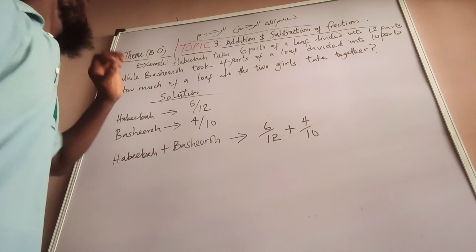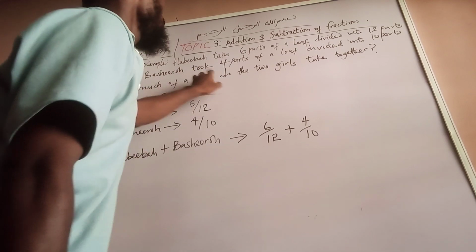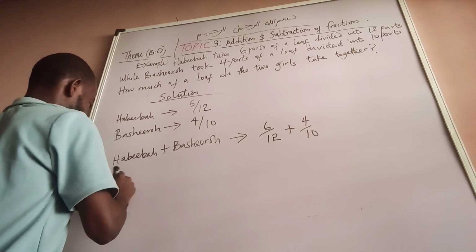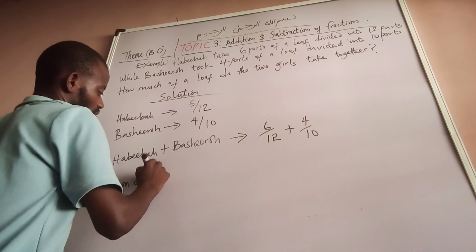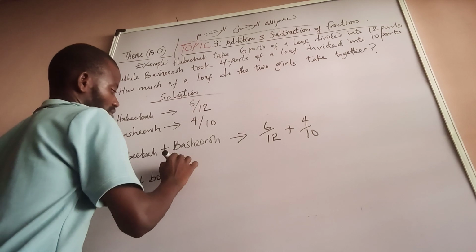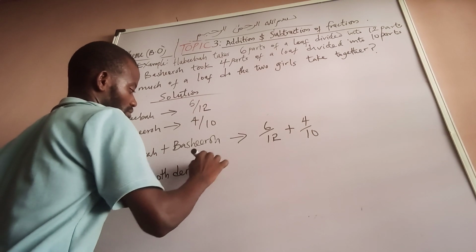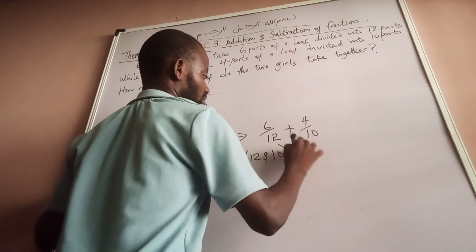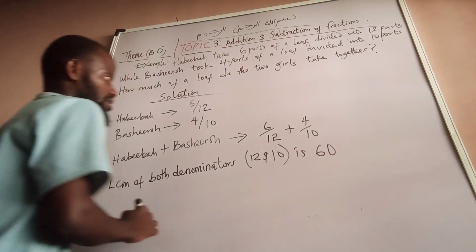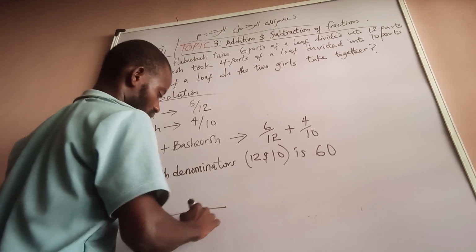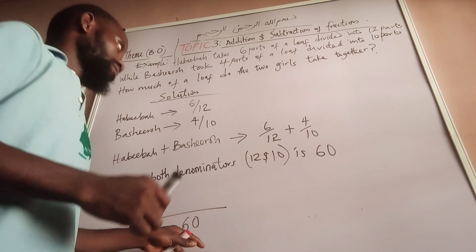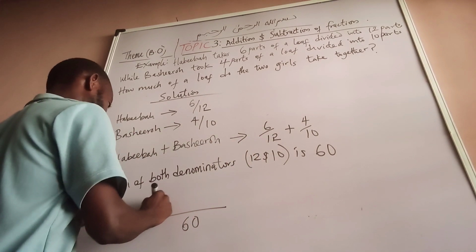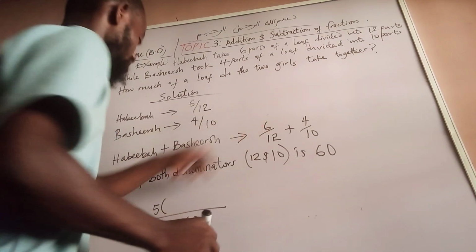How much of the loaf did the two girls take? The LCM of both denominators, 12 and 10, is 60. After you have written that 60, 12 goes into 60 how many times? 5. The 5 here, open the bracket, times 6.